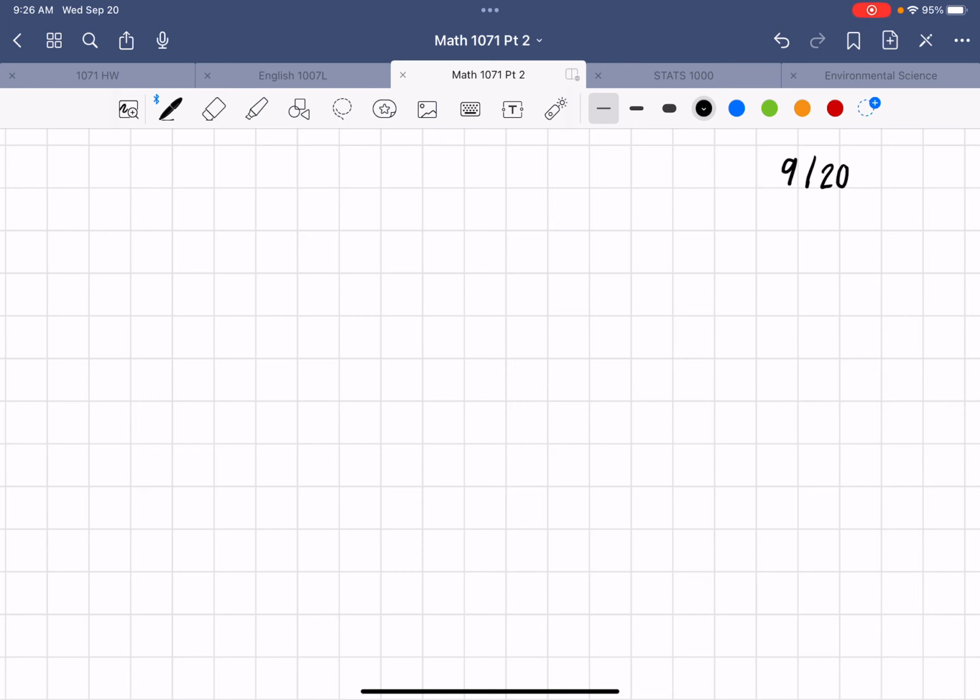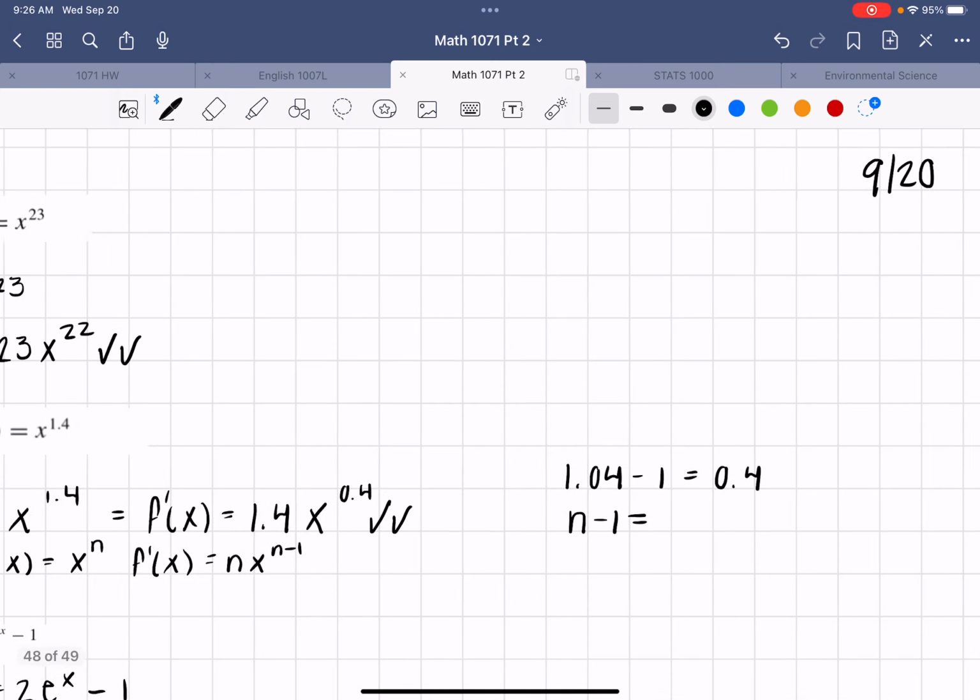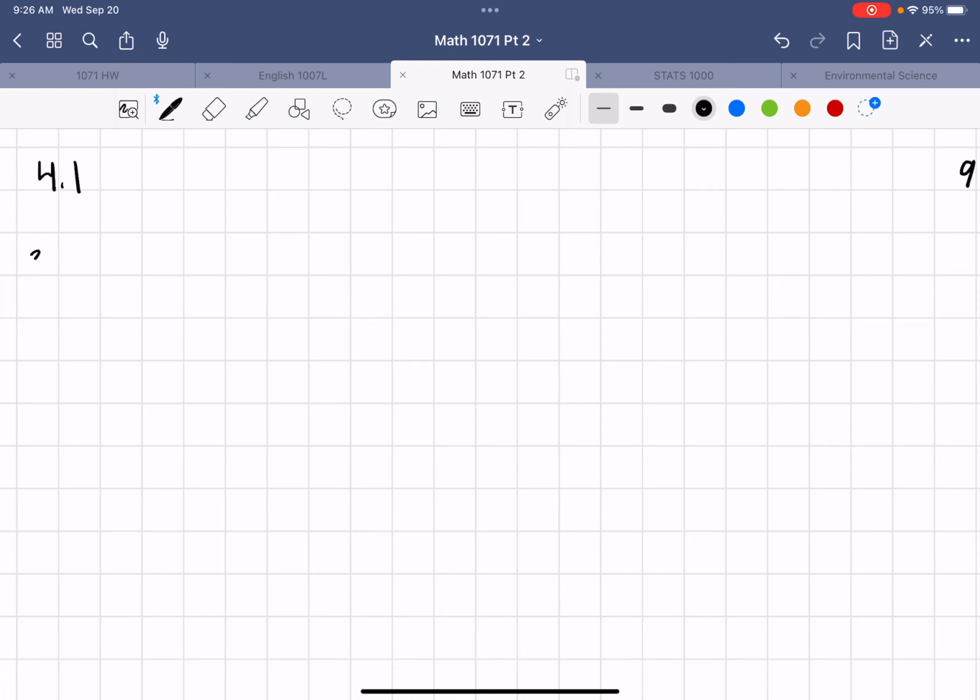Don't let them trick you. That's not e to the x. That's e to the 4. There's no x there. That's a constant. Minus log x, minus 0.01x squared, minus 0.03x cubed.